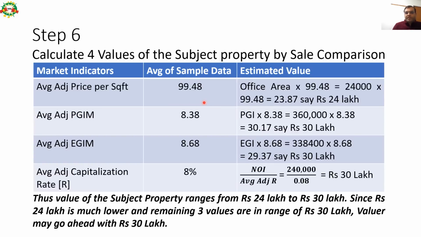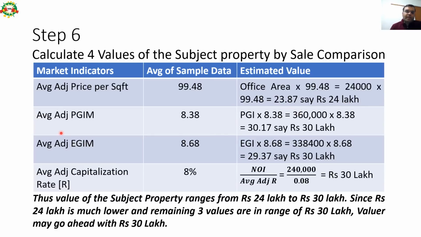The office area of the property to be valued is 24,000 square feet, and the average adjusted per square feet rate of the sample data is 99.48. So based on this parameter, the valuation of the subject office property should be 23.84, say 24 lakh rupees.